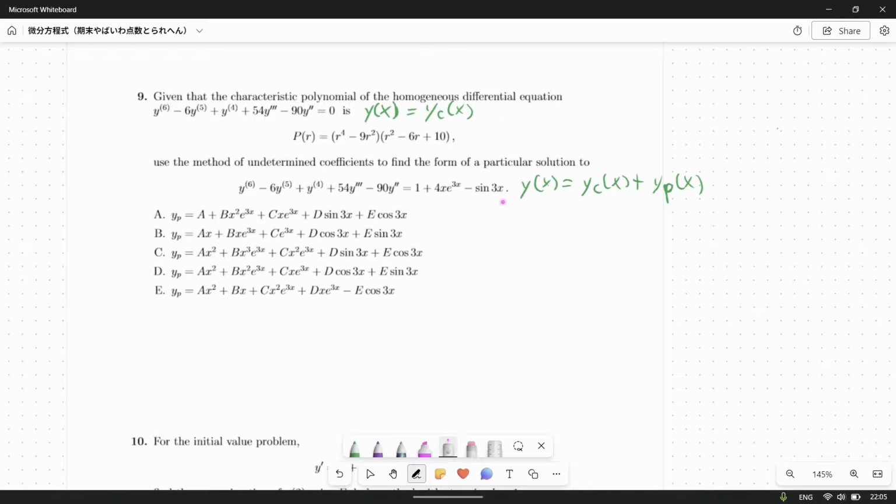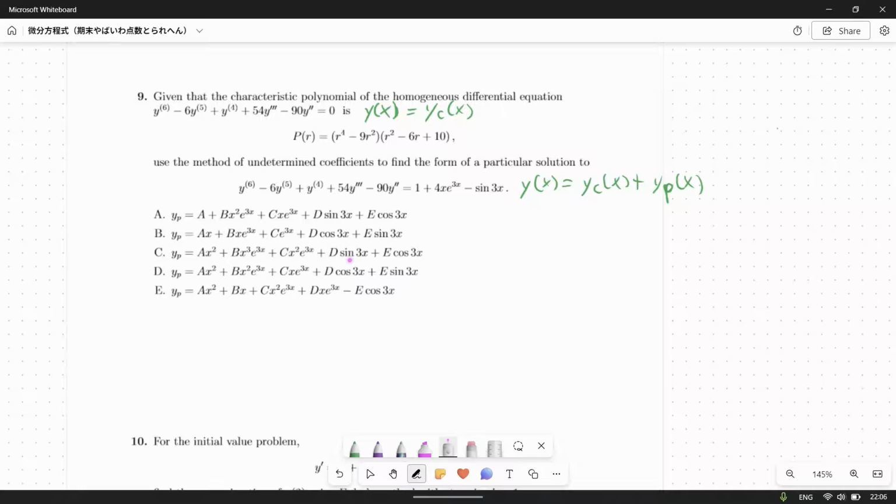The reason why is, if you have an invalid guess, recall that when you're finding a particular solution using the method of undetermined coefficients, your solution is going to take up the form of the stuff we see here, where you can see a, b, c, d, e.